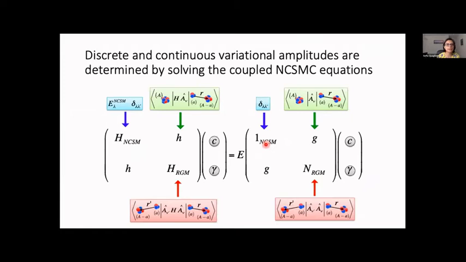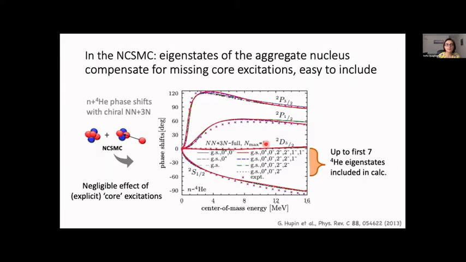Once again, these equations can be solved using microscopic R-matrix theory, and one can then find the scattering matrix or asymptotic normalization coefficients. So going back to the example that I gave earlier, now if we work within the no-core shell model with continuum, we have no problem taking into account all the core excitations, and that's because the eigenstates of the aggregate nucleus, that in this case was 5He, compensate for the missing core excitations that we were not able to include in this case in the 4He excitations.